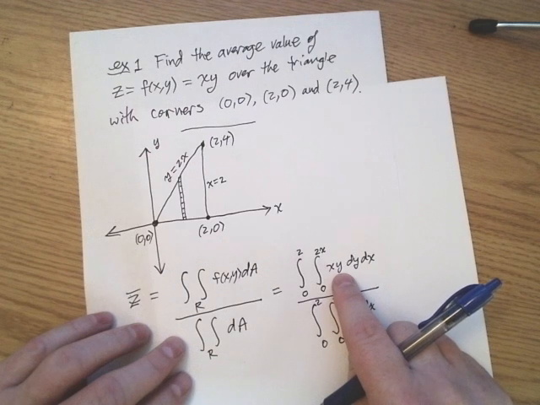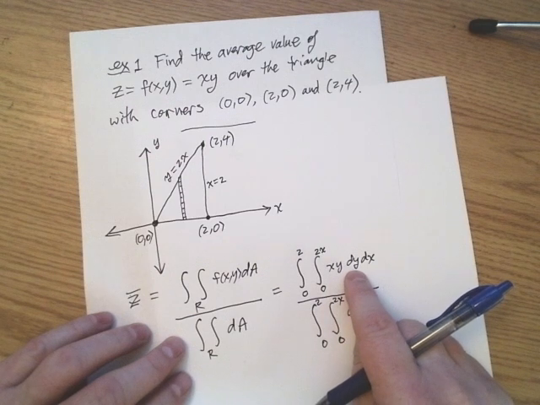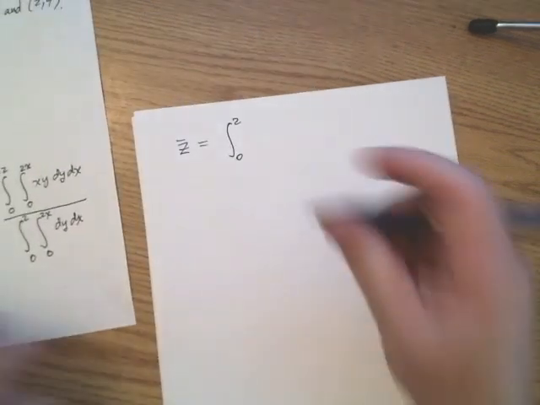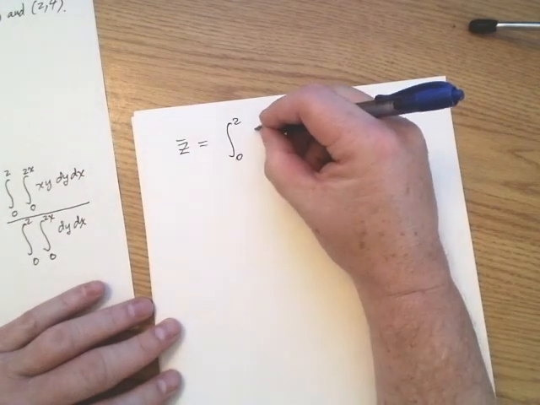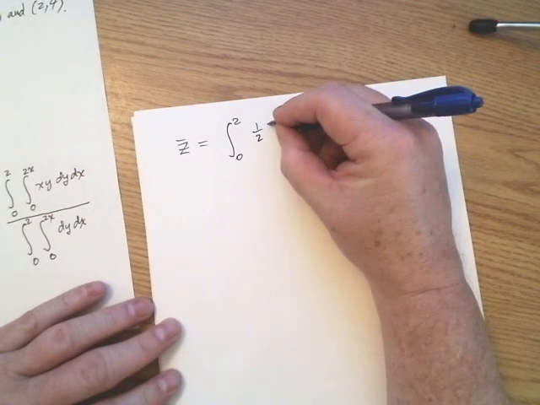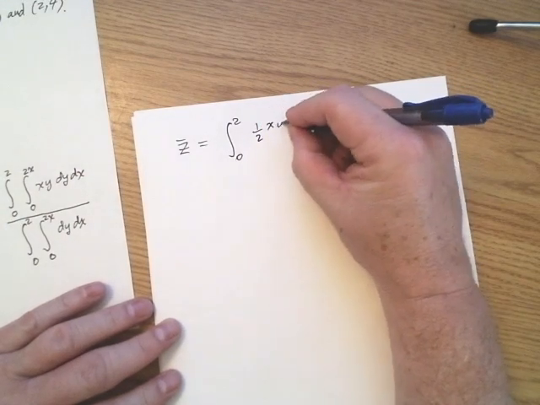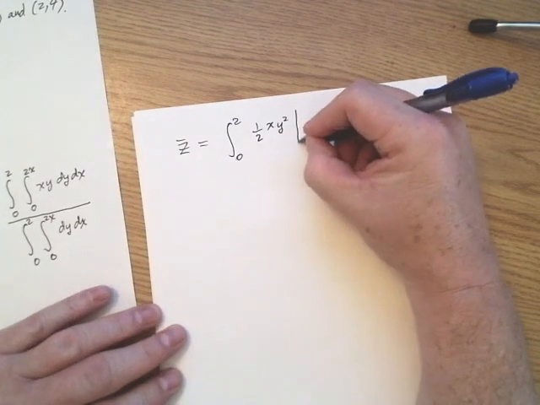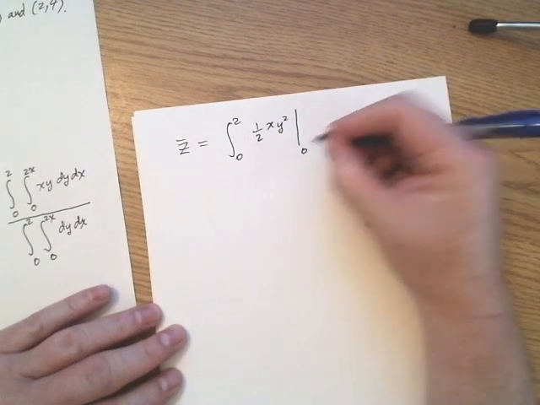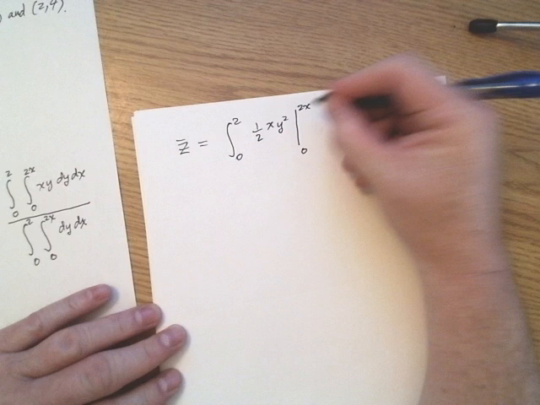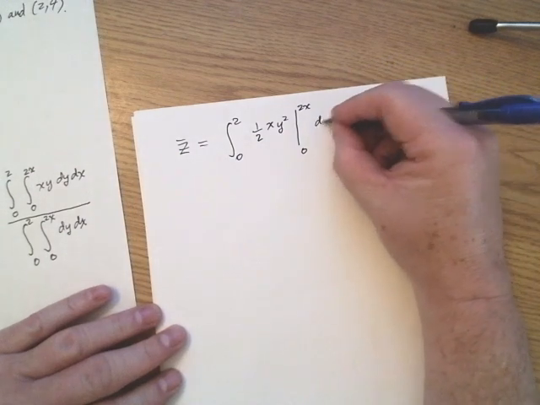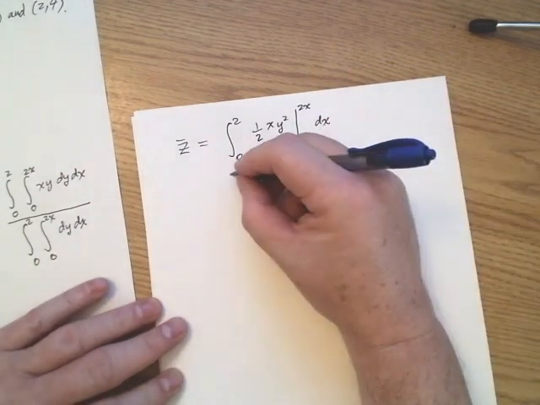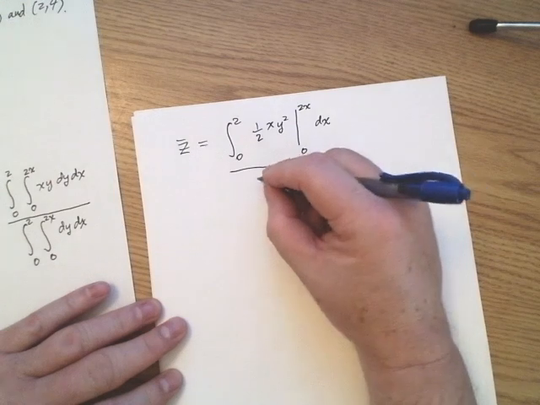The integral of y dy, that would be 1/2 y squared. So I've really got here 1/2. That x factor remains, y squared, and then y is going from 0 to 2x, dx. Down here, I will do something similar.